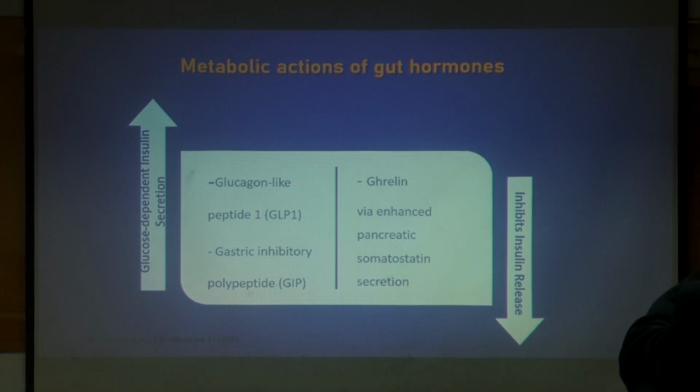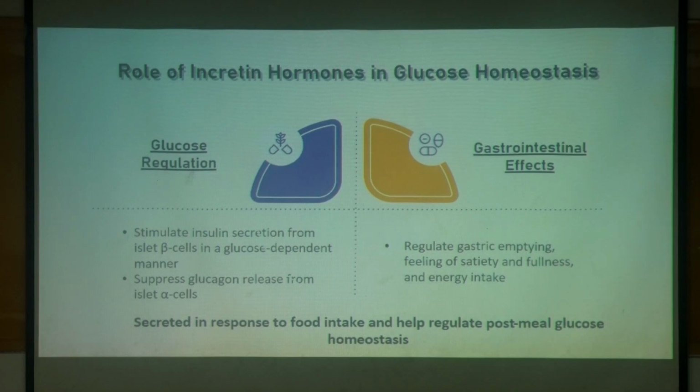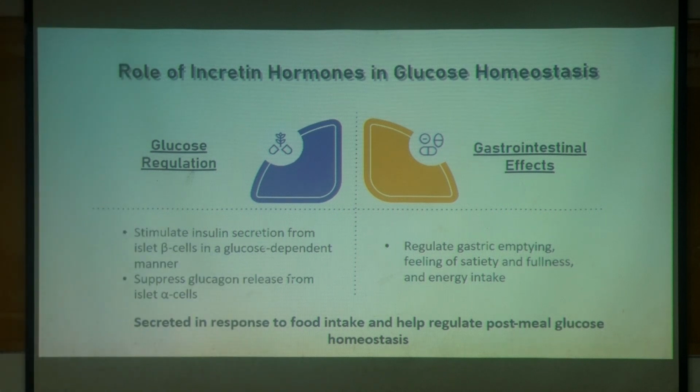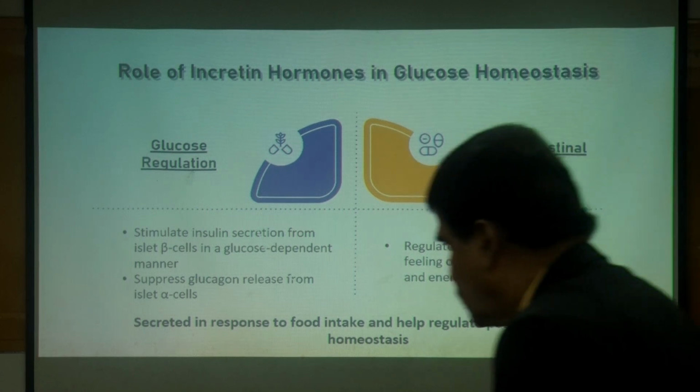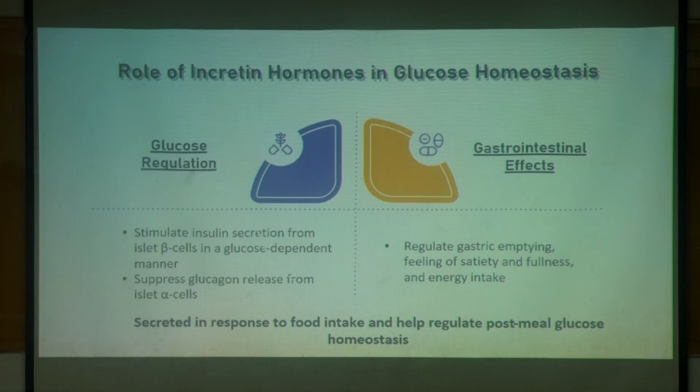This is the other part of how gut hormones act on the metabolism of our body. So, the role of incretin hormones in glucose homeostasis: we all know they have a role in glucose regulation. They stimulate insulin secretion from the beta cells in a glucose dependent manner, and also suppress glucagon release from the islet alpha cells.